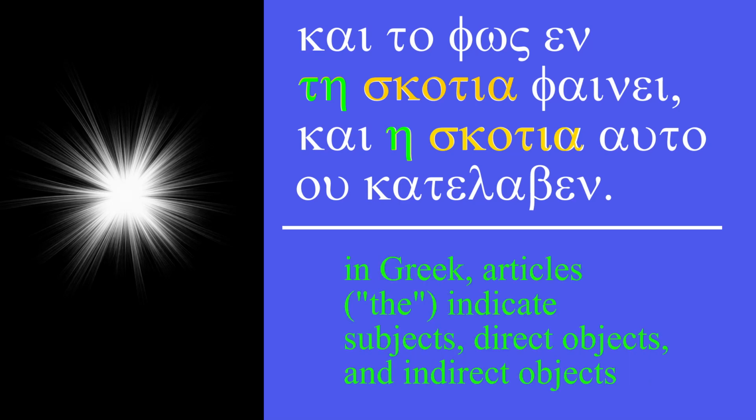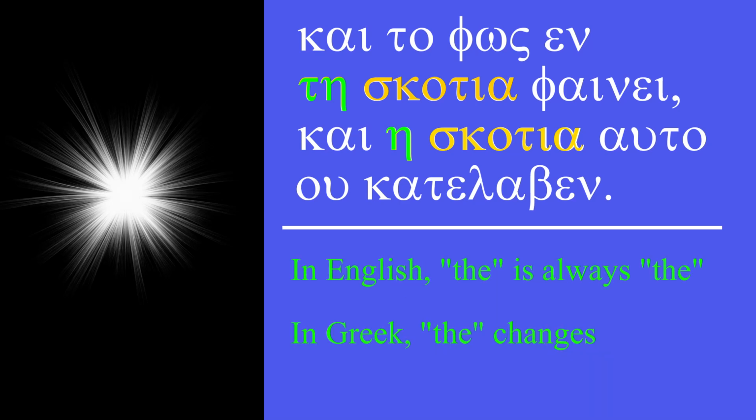So why does the article, the word the, change in the 2 sentences? In Greek, the word the changes to match the case of the noun, whether it's a subject, direct object, or indirect object. In English, the word the is always the. However, in Greek, the article the will switch to show if it is a subject, direct object, or indirect object.